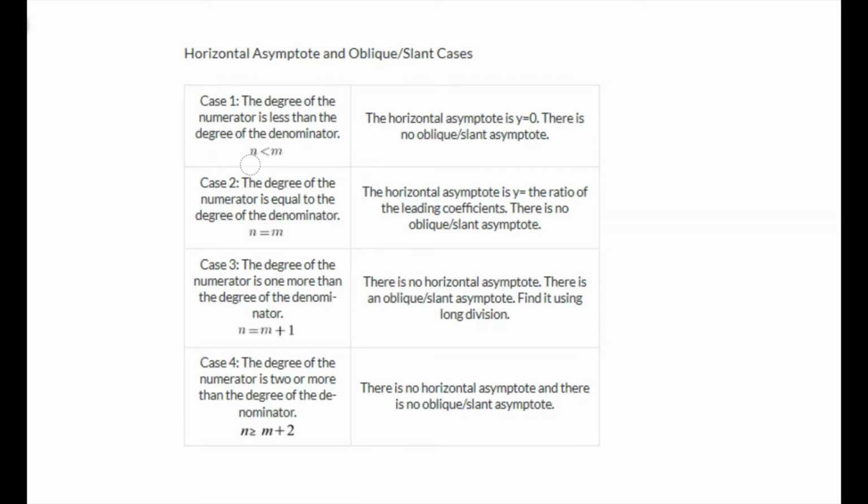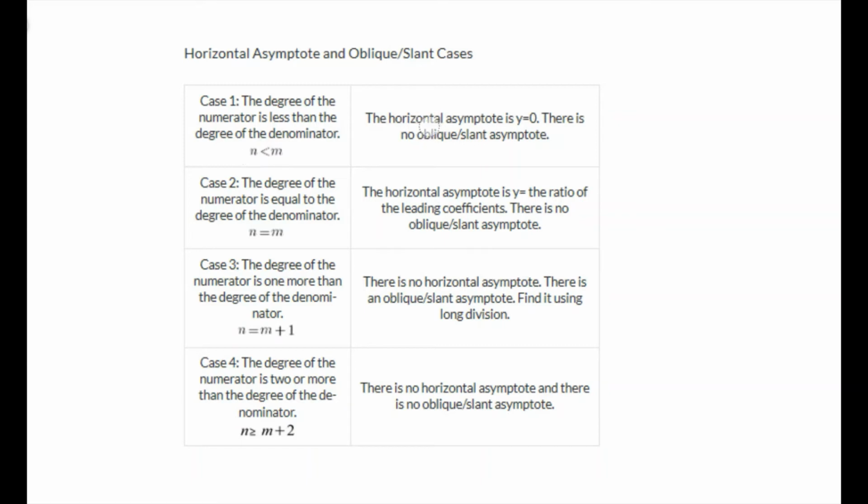So our 4 cases are where the degree of the numerator is less than the degree of the denominator, n is less than m. The degree of the numerator is equal to the degree of the denominator. The degree of the numerator is 1 more than the degree of the denominator. And then when the degree of the numerator is 2 or more than the degree of the denominator. So each one of those cases has these different rules here.